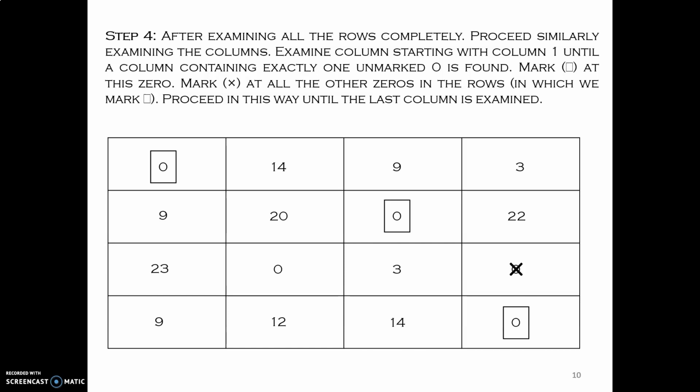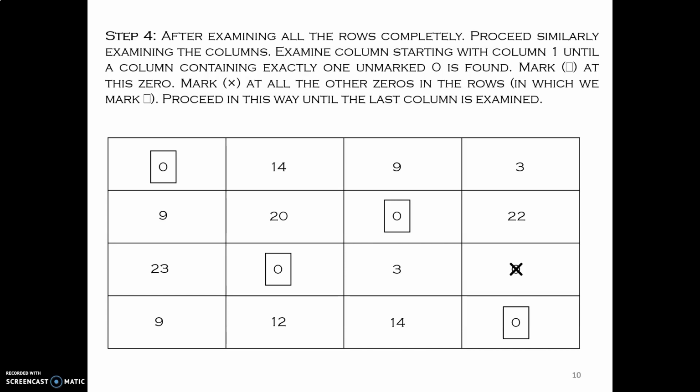Suppose in this case man 2 has the lowest, I mean he is taking less money than the fourth man. So I'll be assigning this square in the third column to man number 2, and I'll be crossing the corresponding zeros in this particular row.